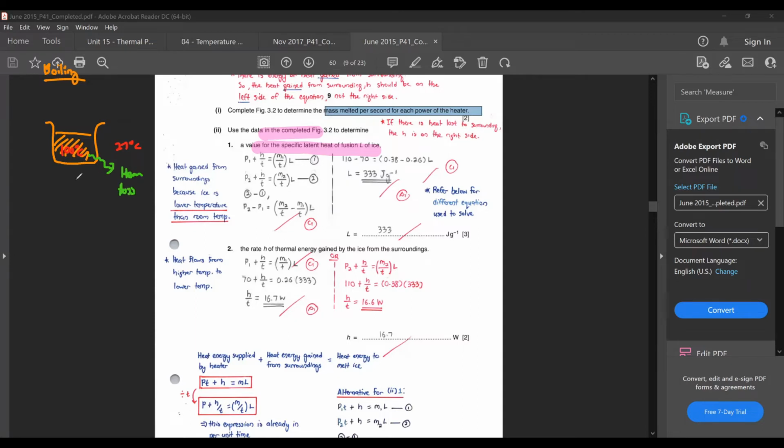Okay, so when you're trying to heat up your water so that it boils, heat supplied by heater is equal to heat to vaporize liquid, or boil liquid, plus heat loss to surroundings.